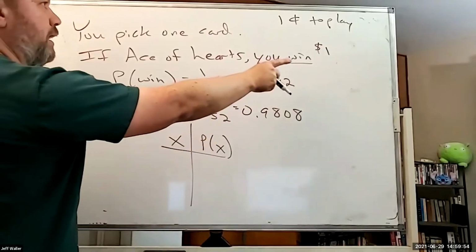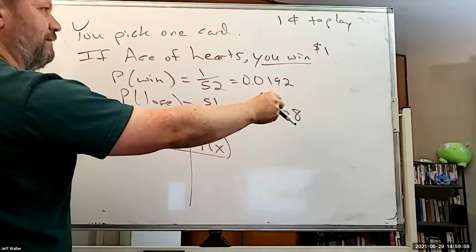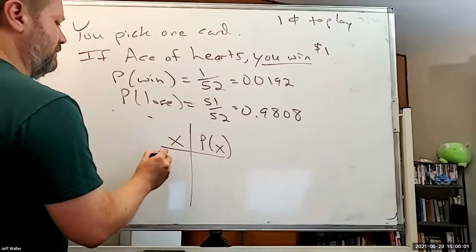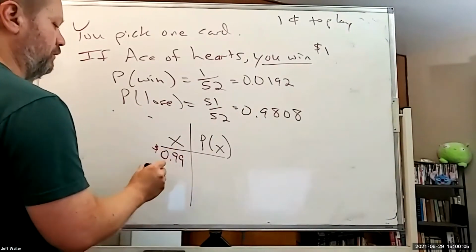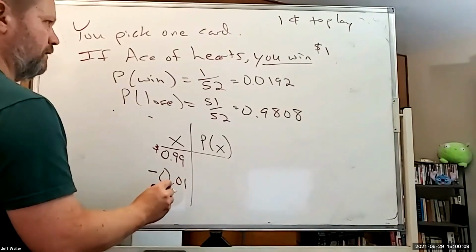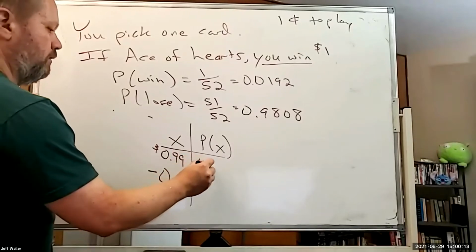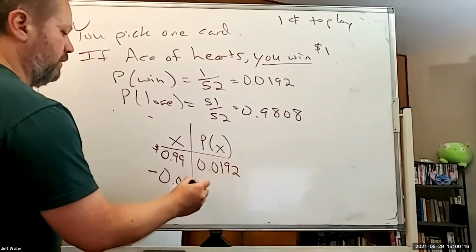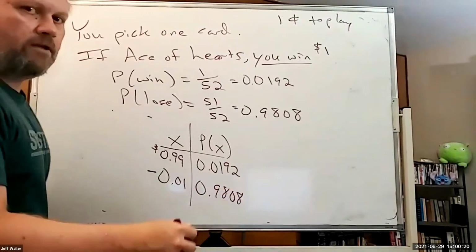If I win, what do I actually make in profit? 99 cents. So I'll make $0.99. And if I lose, I lose a penny. The probability of winning is 0.0192, and the probability of losing is 0.9808.